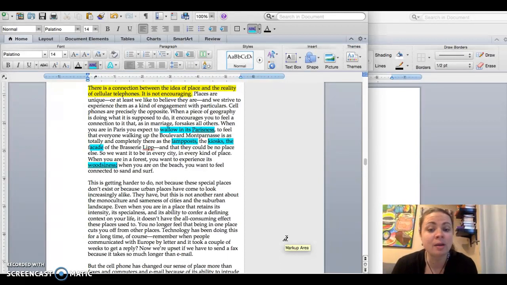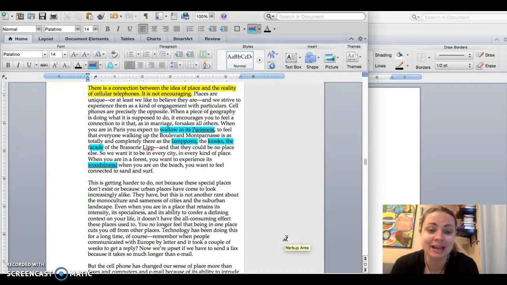You no longer feel that being in one place cuts you off from other places. Technology has been doing this for a long time, of course. Remember when people communicated with Europe by letter and it took a couple of weeks to reply? Now we get upset if we have to send a fax because it takes so much longer than an email.